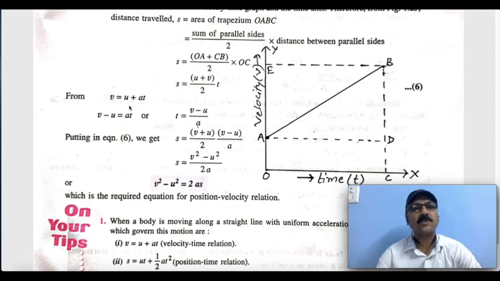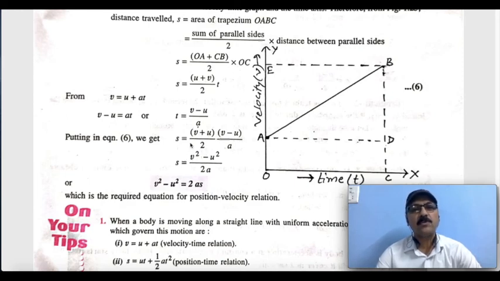Again using the first equation of motion, V equals U plus AT. So V minus U equals AT. Then we get time T equals V minus U upon A. Putting this value of time T in the third equation of motion, in place of time, we get S equals, distance equals, U plus V, or V plus U, by 2 into, in place of T, V minus U upon A. So we know that A plus B times A minus B equals A square minus B square.